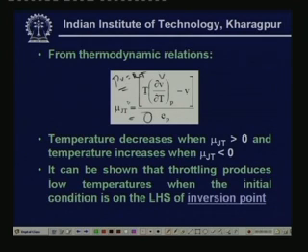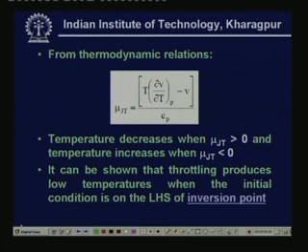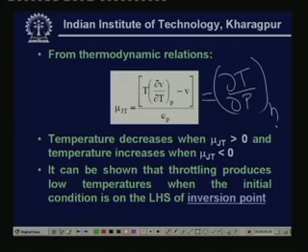Now from this equation you can easily see that temperature decreases when mu JT is greater than 0 and temperature increases when mu JT is less than 0. Why? Because we have seen that this Joule-Thomson coefficient by definition is equal to dou T by dou P at constant H, right.